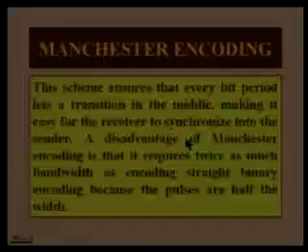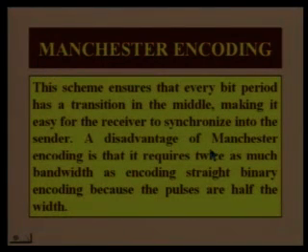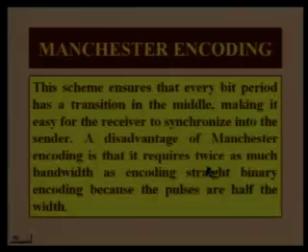Each scheme ensures that every bit period has a transition in the middle, making it easy for a receiver to synchronize with the sender. They will be getting synchronized properly, but the disadvantage of Manchester encoding is that it requires twice as much bandwidth as straight binary encoding, because pulses are half the width.